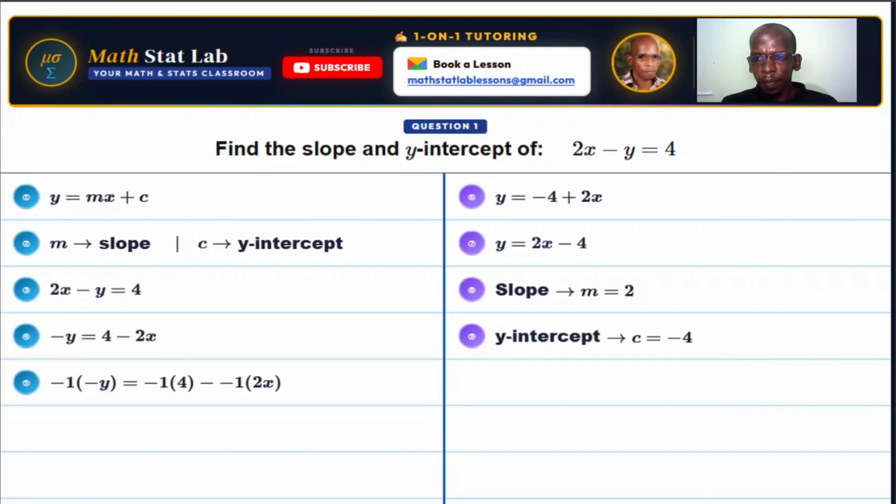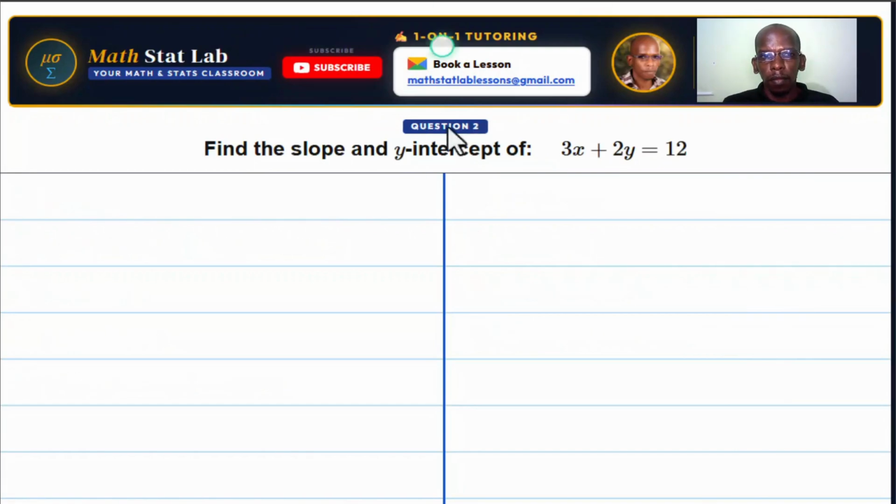Let us try another example. In this question 2, we are asked to find the slope and the y-intercept of 3x plus 2y is equal to 12. But we said, of course, the equation of any straight line is given by y is equal to mx plus c.